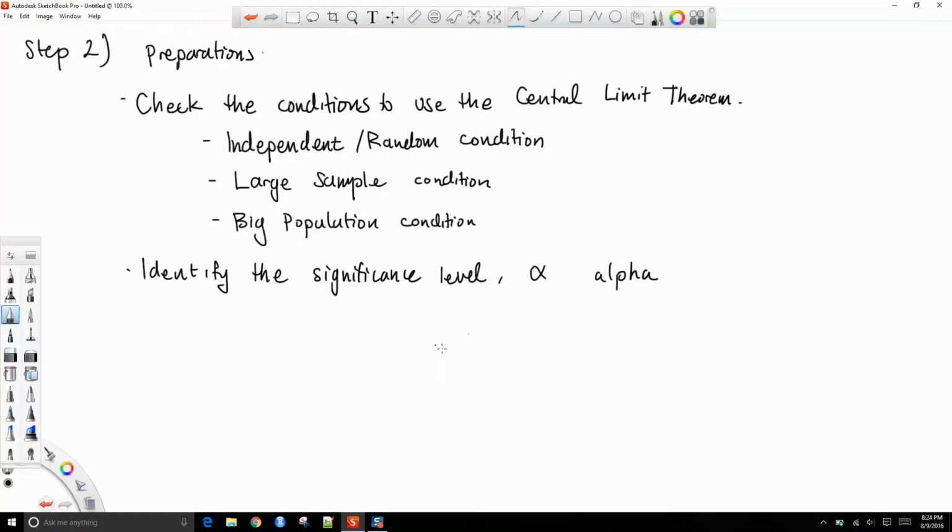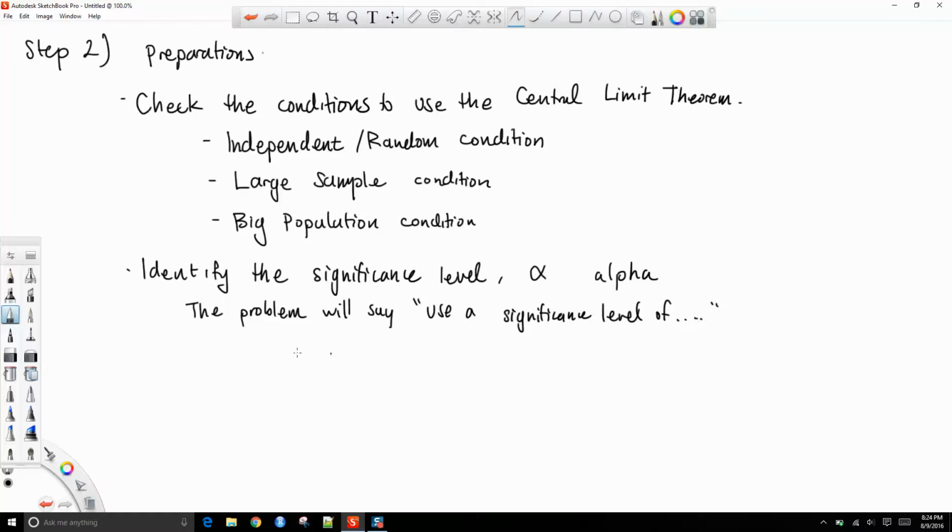The symbol looks something like that, okay? Identify the significance level alpha, and the problem will say to use a significance level of a given value.